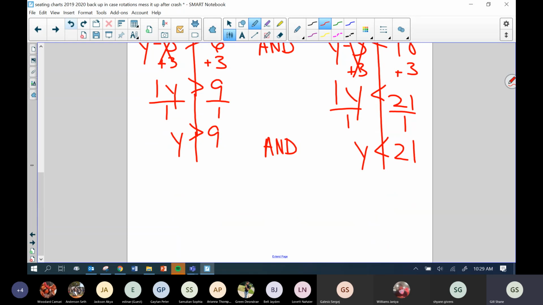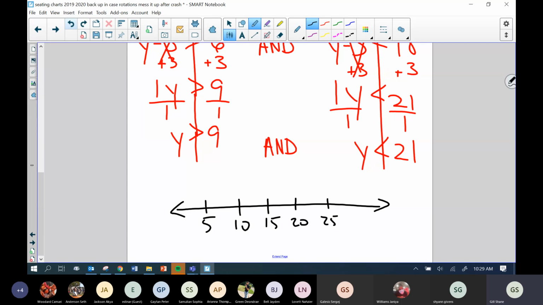If y is my solution set, if y are all my possible answers, then again, I just create a graph. I'm going to skip some numbers because my numbers are getting pretty large here. So I'd probably do 5, 10, 15, 20, 25. I don't really need 30, but I'll write it in.